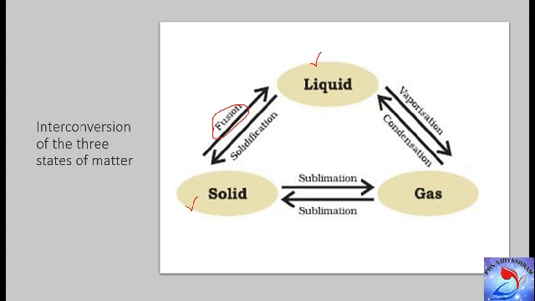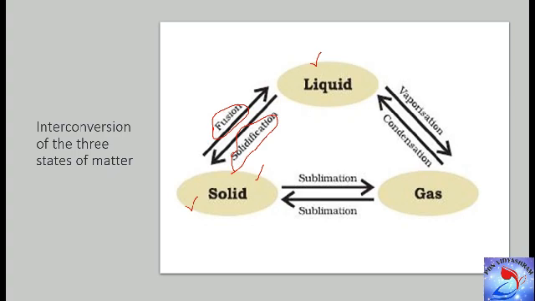And the reverse process, the conversion of liquid state into solid state, is called solidification. And the temperature at which liquid turns into a solid is called the freezing point.